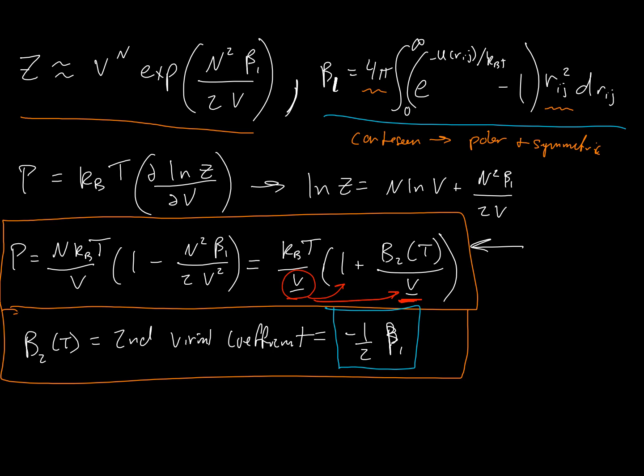Hold on, maybe I wrote... No, I have a mistake here. Where is my mistake? Ln 1 over V. Yeah, sorry, this is my mistake. That and that should go away, because I've already pulled them out in the first term. I've got to correct that on my notes.